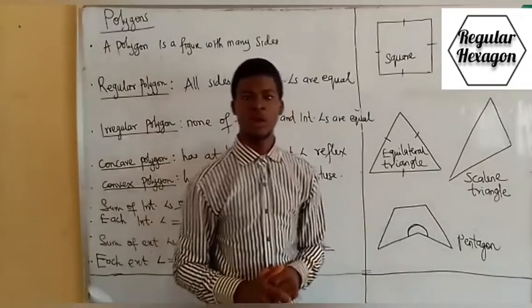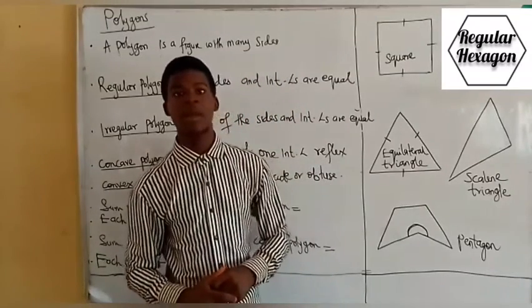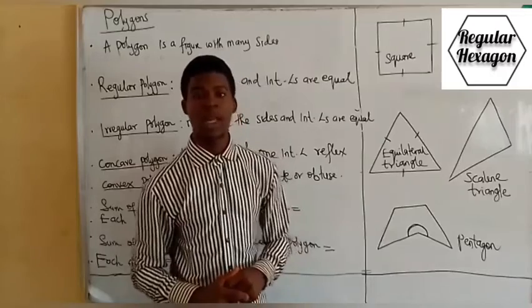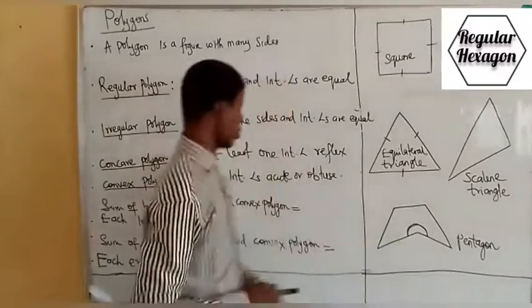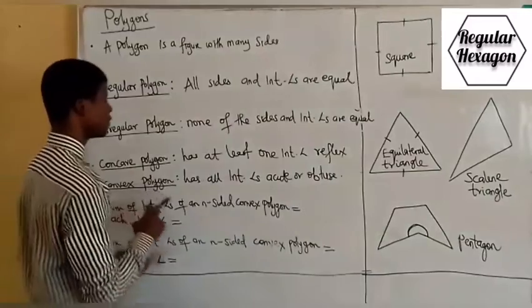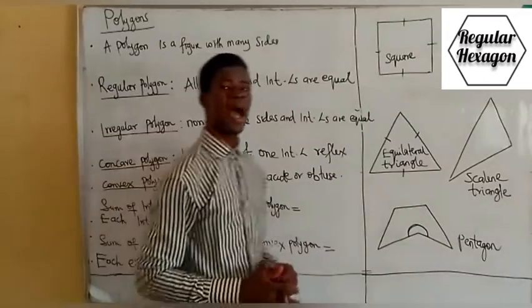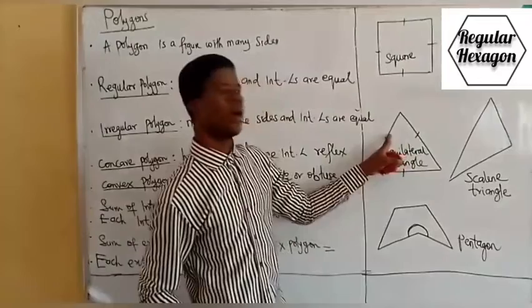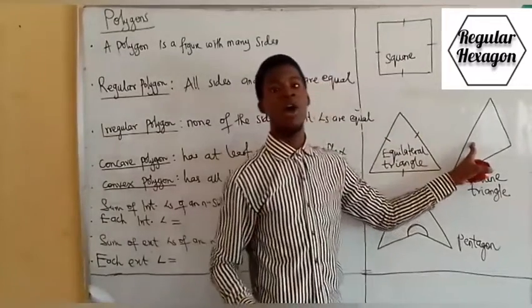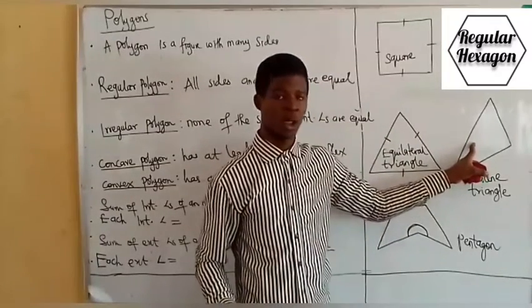An acute angle is an angle that is less than 90 degrees. An obtuse angle is an angle that is greater than 90 but less than 180. So for a convex polygon, all interior angles are either acute or obtuse. This, and this are all convex polygons.